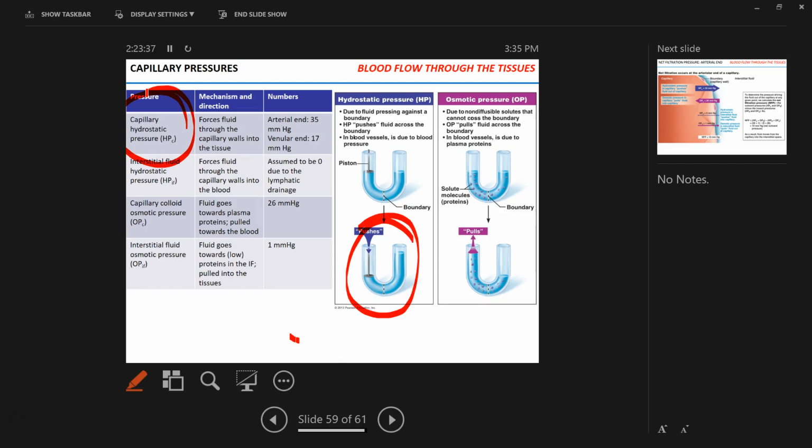Technically, there is also an interstitial hydrostatic pressure. Pressure that is exerted, quote unquote, by the fluid in the tissue. Do I make sense? Where does it push fluid to? Interstitial hydrostatic pressure. Where does it push the fluid?